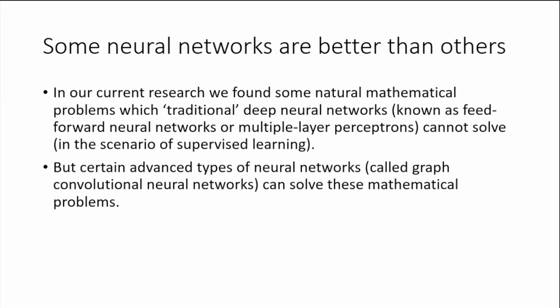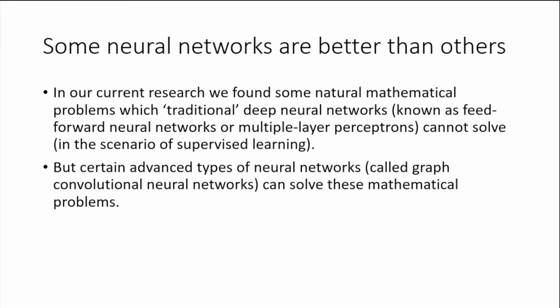Let me just add that there are traditional deep neural networks, so they are called feed-forward neural networks or multiple layer perceptrons. They usually work fine. However, we have done research trying to find some mathematical problems which these neural networks cannot solve in the scenario of supervised learning.